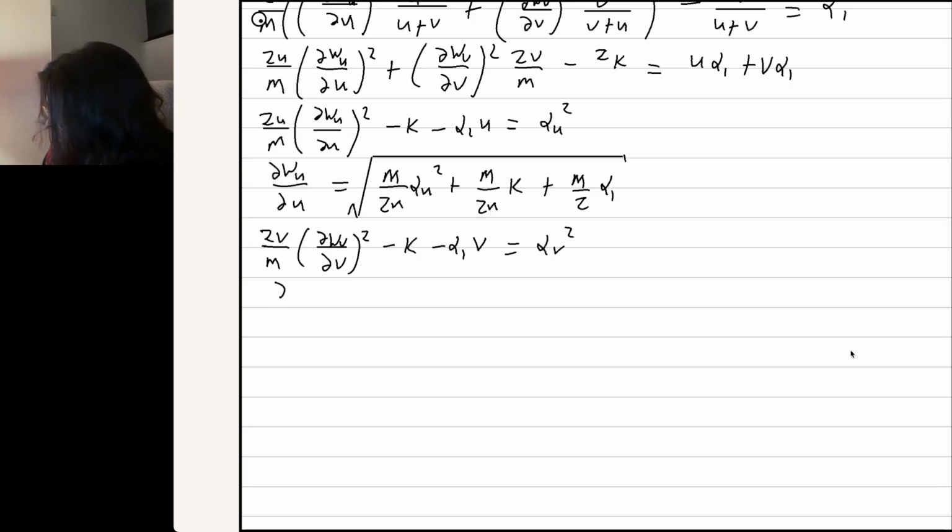So del W_v over del v equals the square root of m over 2v alpha v squared plus m over 2v k plus m over 2 alpha 1, that factor again.